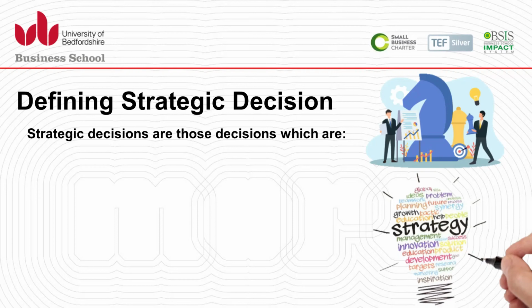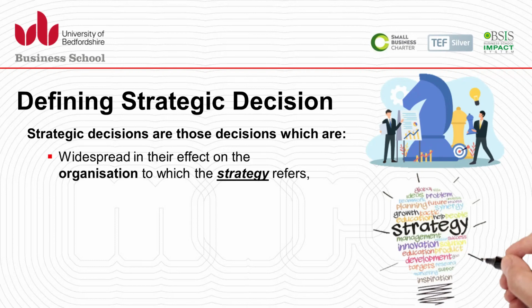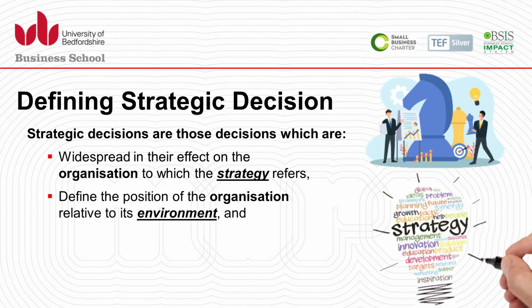Strategic decisions are those decisions which are widespread in effect on the organization, and strategy refers to defining the position of the organization relative to the environment where it is practicing.